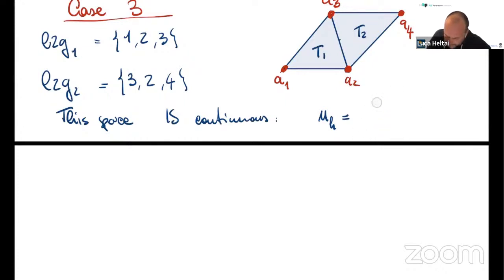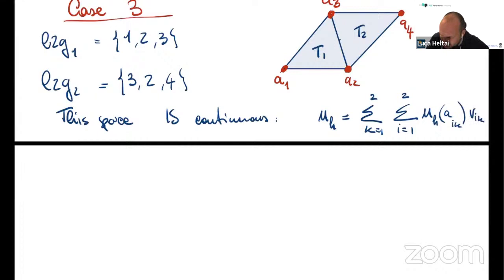It's simpler to understand if you write this as two summations, sum for k that goes from 1 to 2, sum for i that goes from 1 to 2 of u_h in a_ik. And now a_ik, I'll tell you exactly what this is in a second.